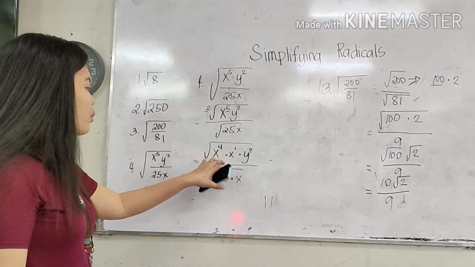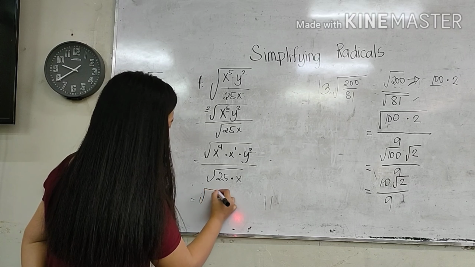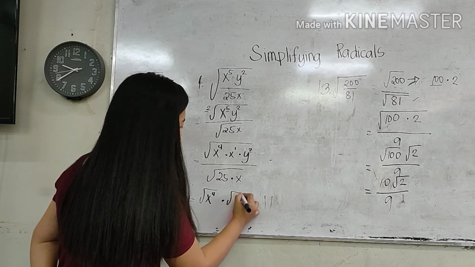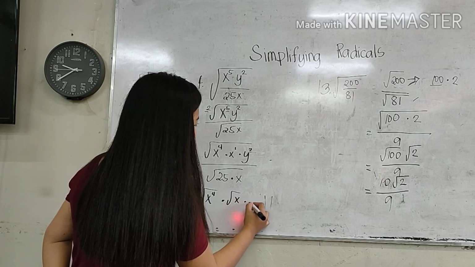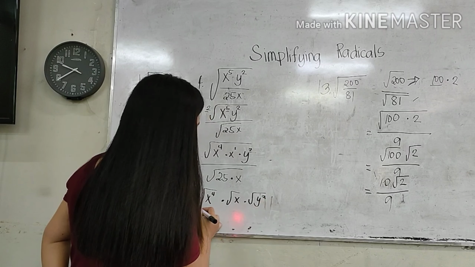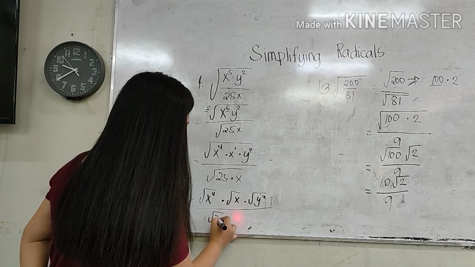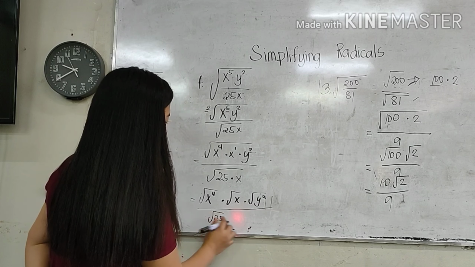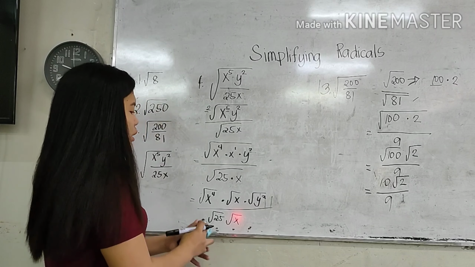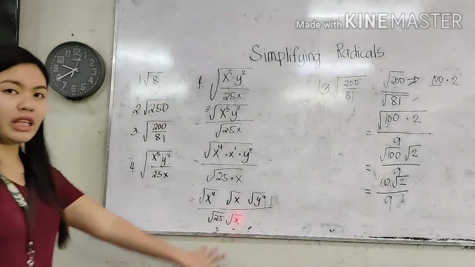So we have here the square root of 4, so the square root of x raised to 4 times square root of x times square root of y raised to 2, or y squared, and then square root of 25, and then square root of x. There can be no multiplication symbol there.